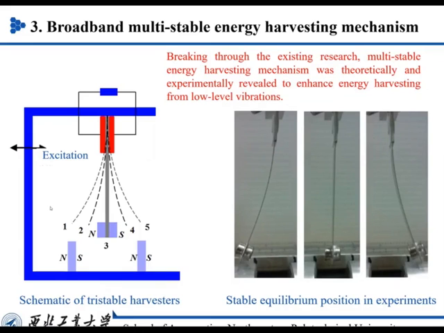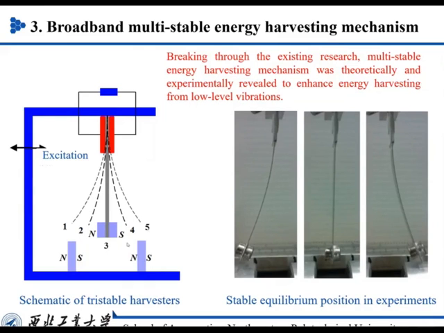The left figure is a schematic of the tristable harvester. So 1, 2, 3, 4, 5. There are five equilibrium positions, and 2 and 4 are unstable.